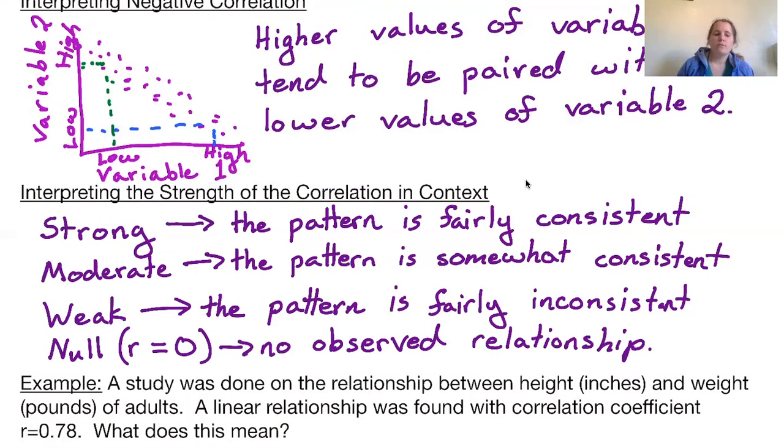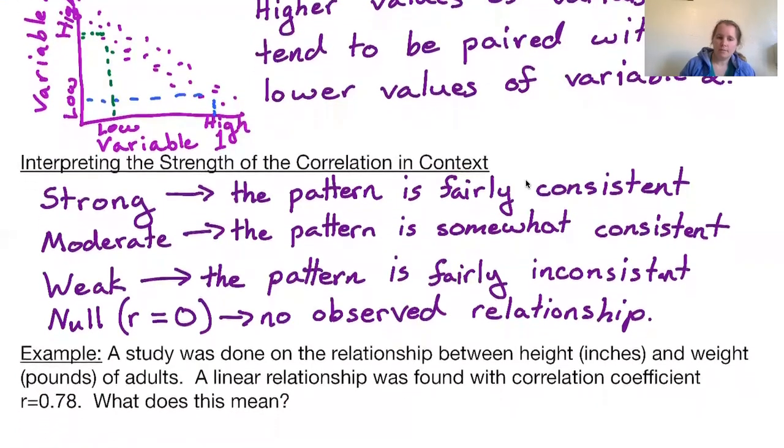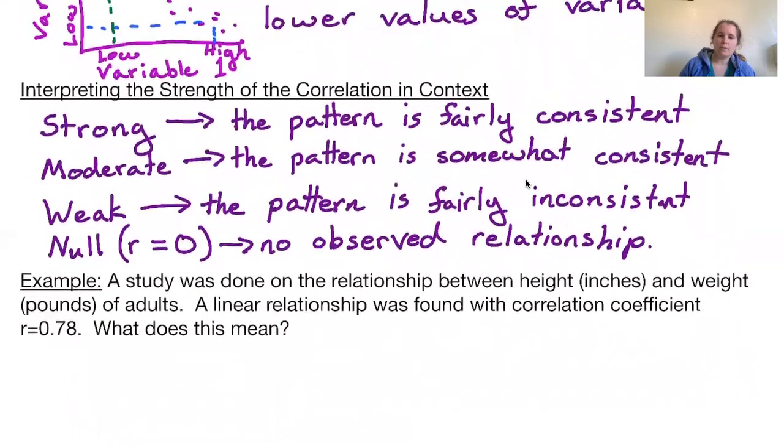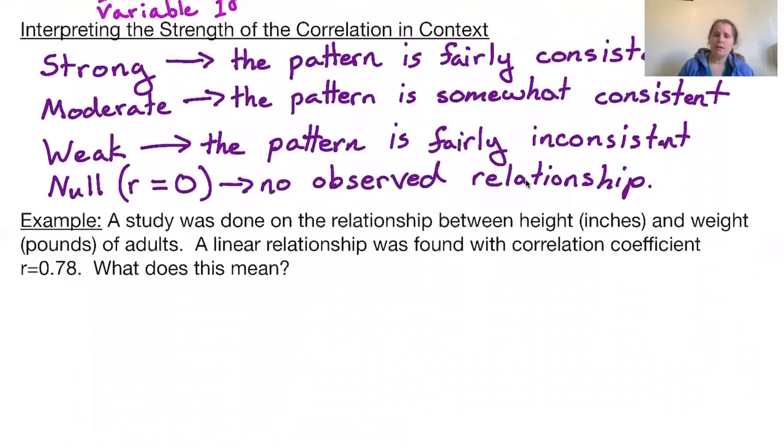So if we continue on, we're going to take a look at a couple examples. As we read through these problems, some things to take note of: what our two variables are, and then what information we are told. So in this example, a study was done on the relationship between height in inches and weight in pounds of adults.